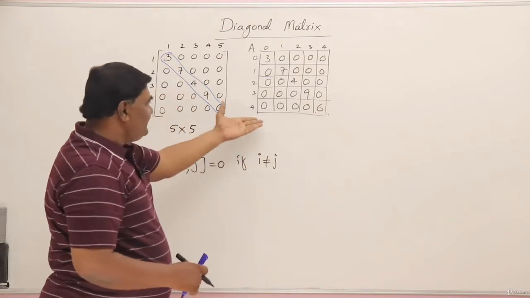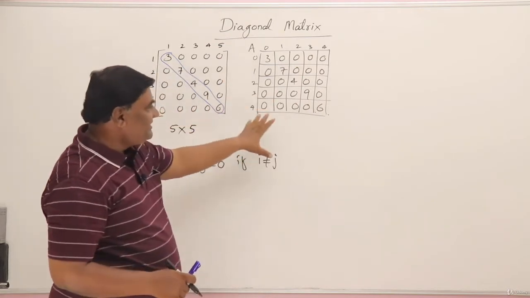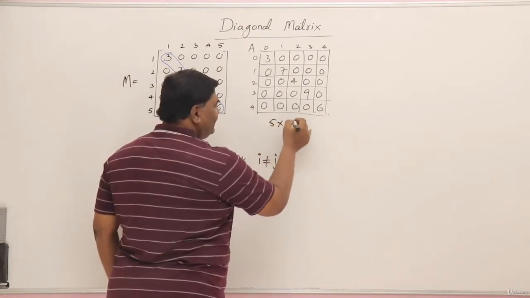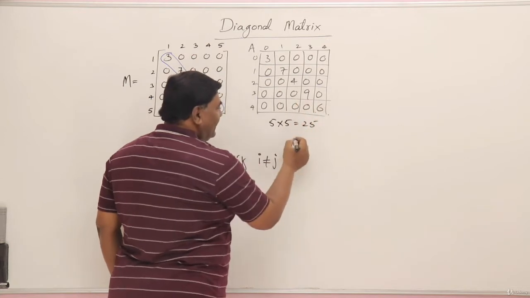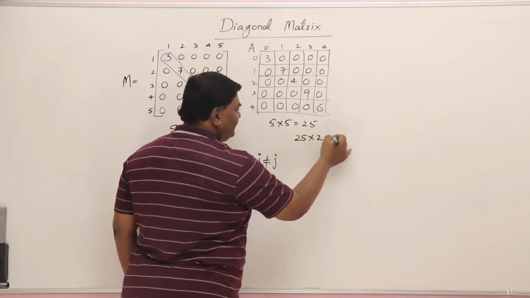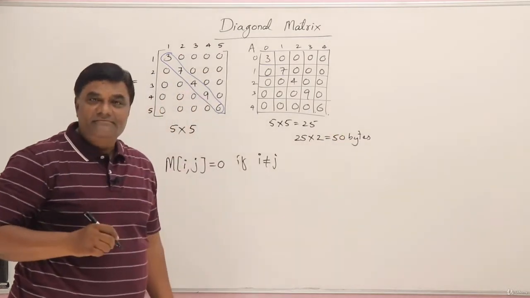If these are integers and an integer takes 2 bytes, then how many bytes of memory is this array consuming? There are 5 into 5 elements, that is 25 elements, and each element takes 2 bytes for an integer, so it is 50 bytes. 50 bytes of memory it's consuming.